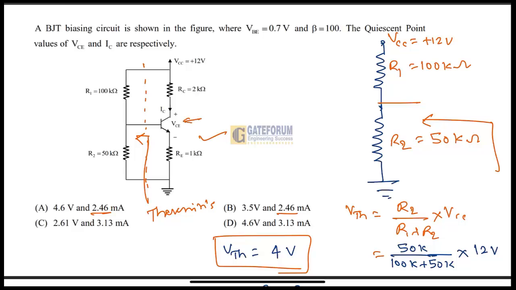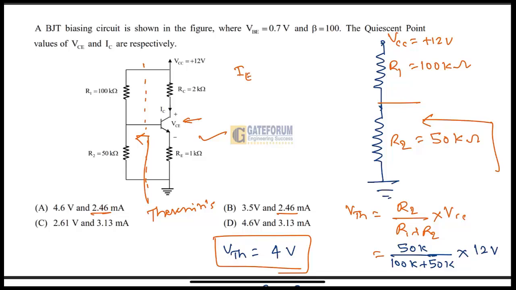This VCE we can easily find from the outer part of the circuit. So we can apply KVL in the outer part of the circuit, and before that we have to calculate IE. So IE will be what? That is called the emitter current.